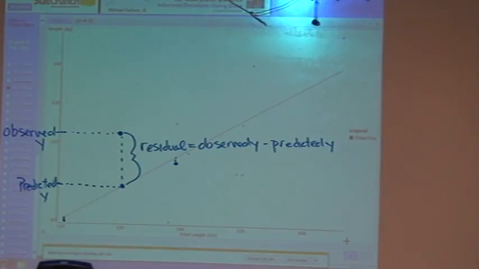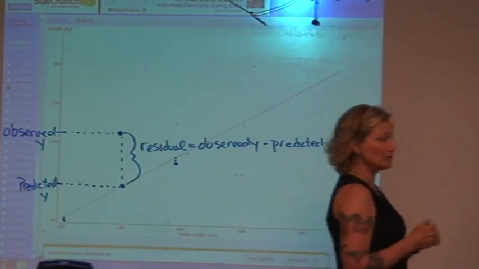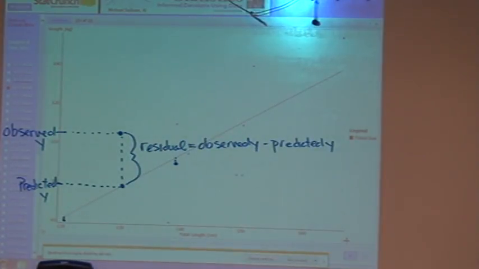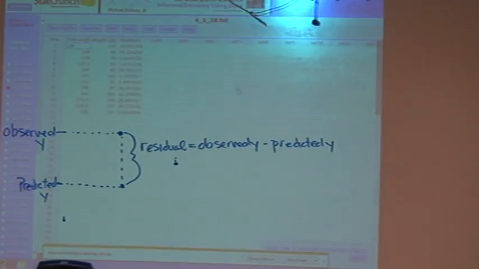So you have in your spreadsheet all of the individual residuals. If you're asked to find one specific residual, you have that, okay?